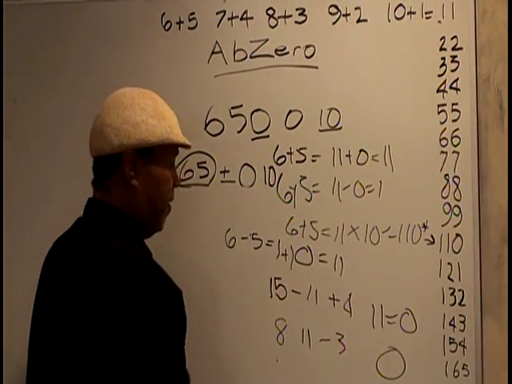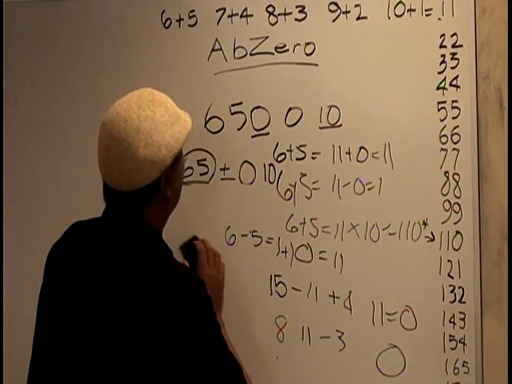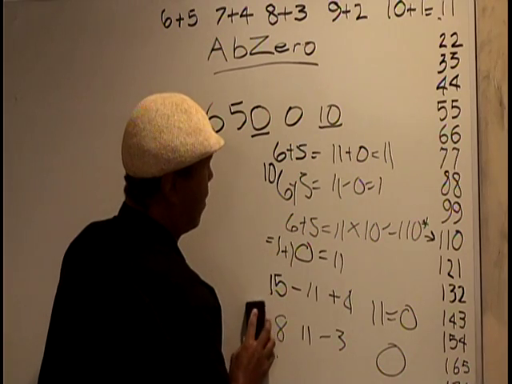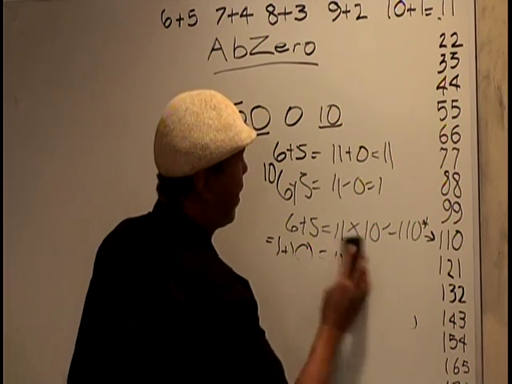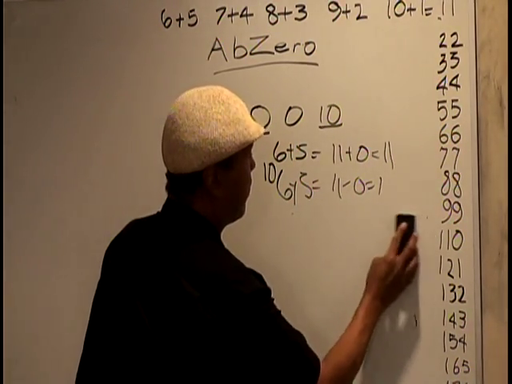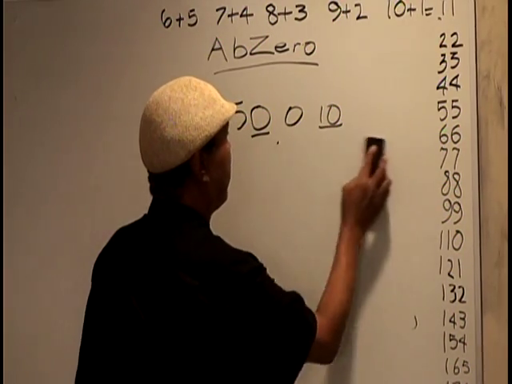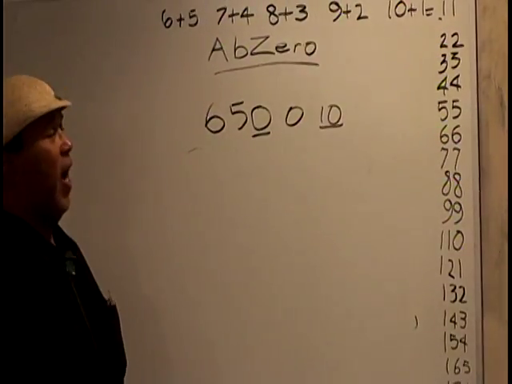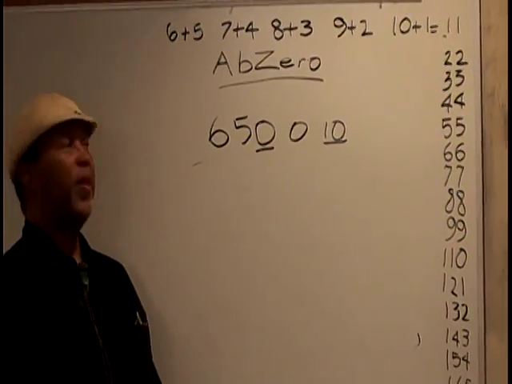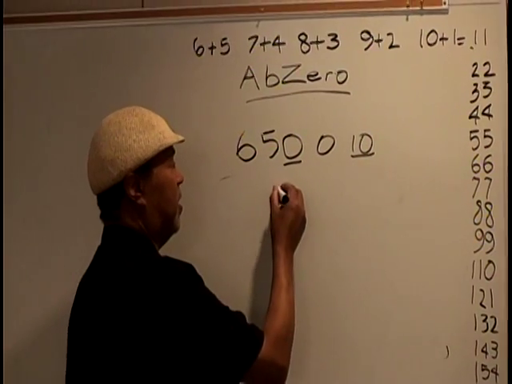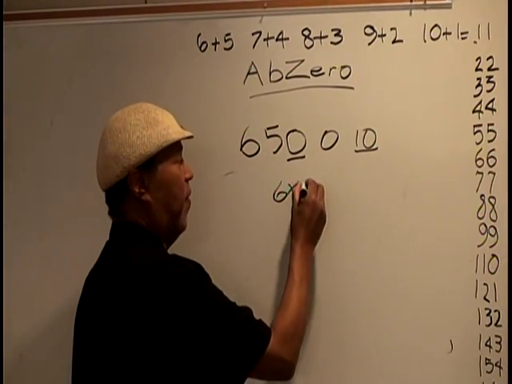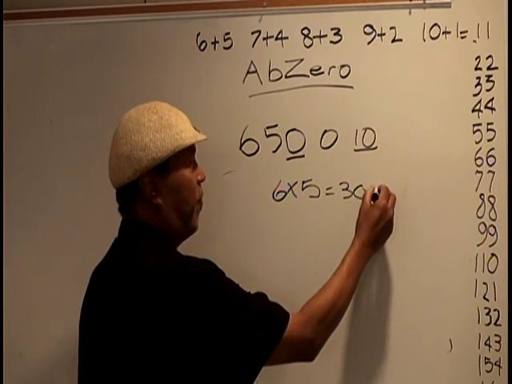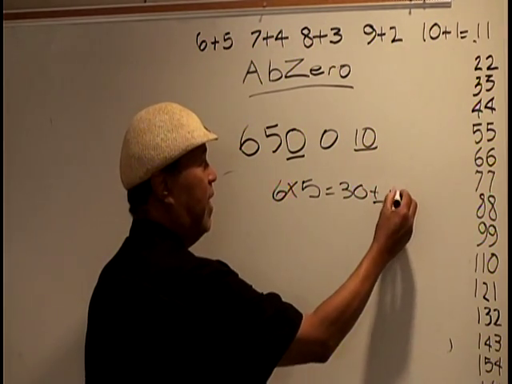Okay, let's look back on the 650. This is a very interesting number. Gives us a lot of possibilities. We've done addition and we've done subtraction. How about multiplication? How much is 6 times 5? 30. Then you have plus or minus 10.